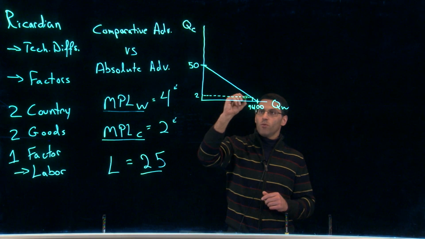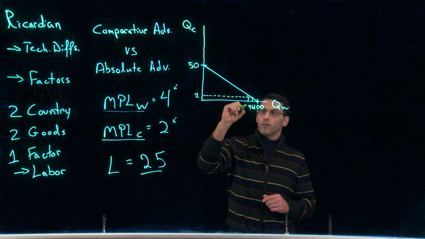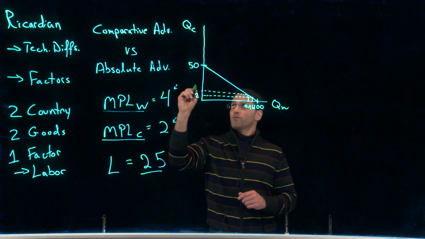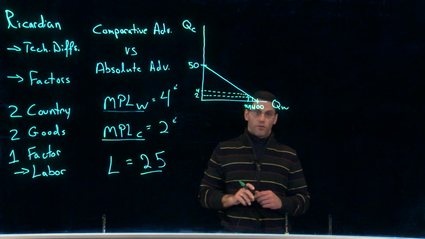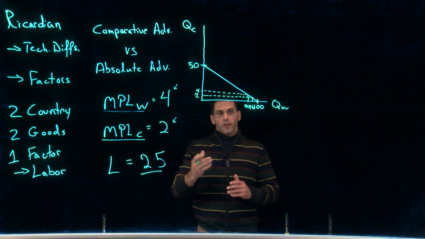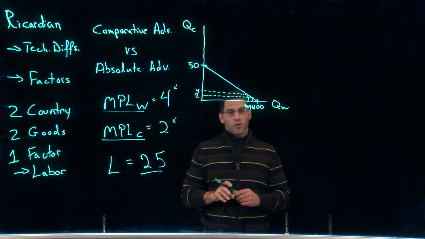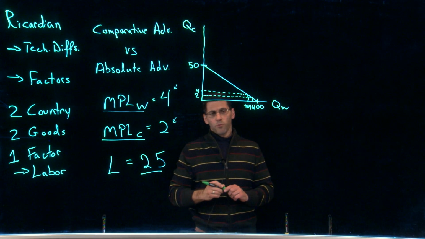Again, take one more worker. Take a second worker out of wheat. Production would go down to 92. And for cloth, it would go up to 4. Right? And as you do that worker by worker, that's what gives us the PPF. Now, what's the important thing to note here?